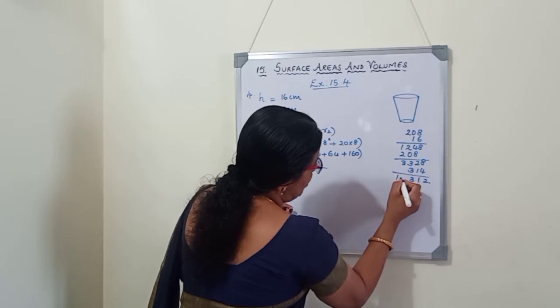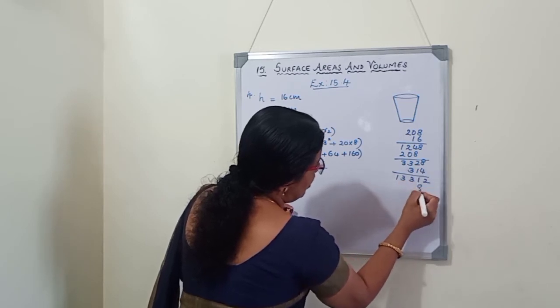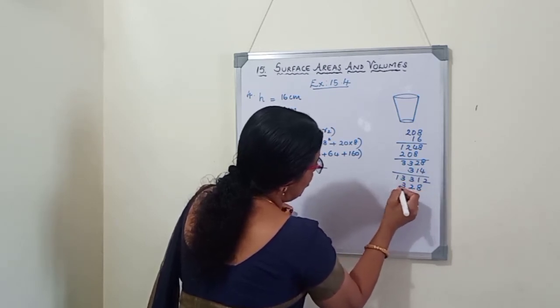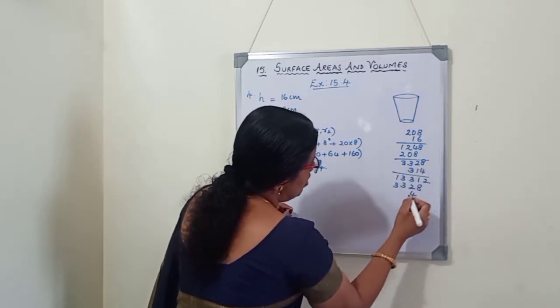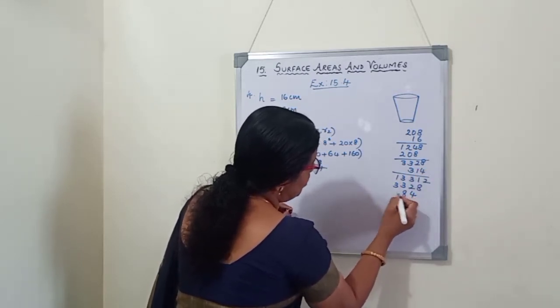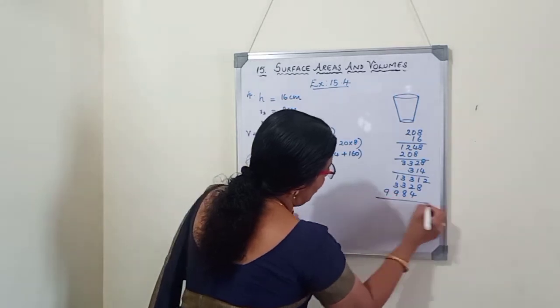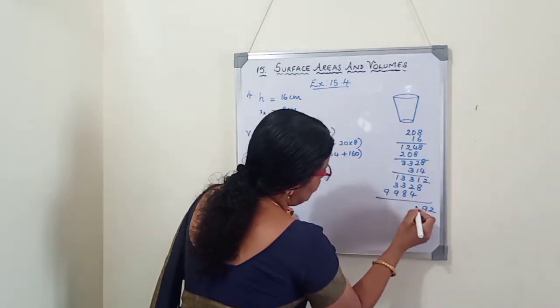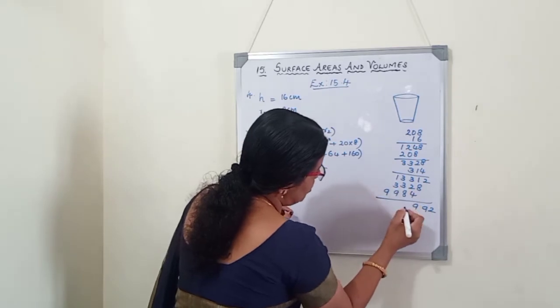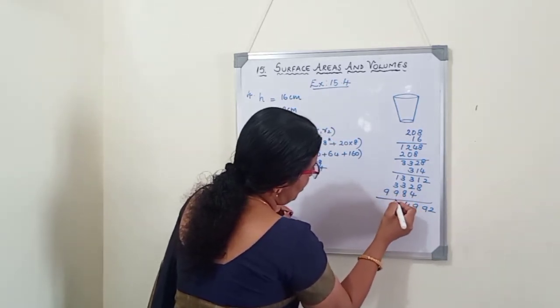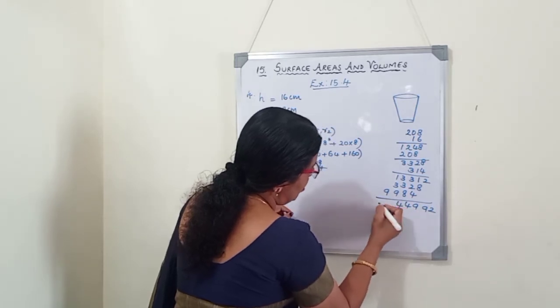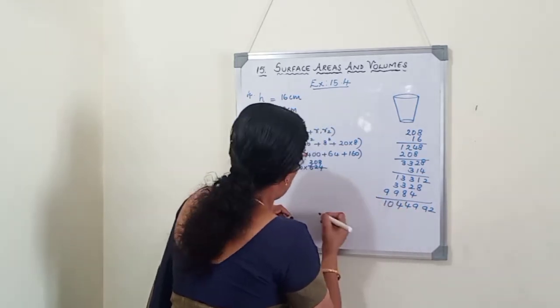Again 3, 0. 8 1s are 8, 2, 3. Again 3. 8 3s are 24. Remainder 2. 3 2s are 6 plus 2, 8. 3 3s are 9. 3 3s are 9. 2, 9, 9. 8, 11 plus 3, 14. Remainder 1, 2, 5, 9 plus 5, 14. Remainder 1, 9 plus 1, 10.